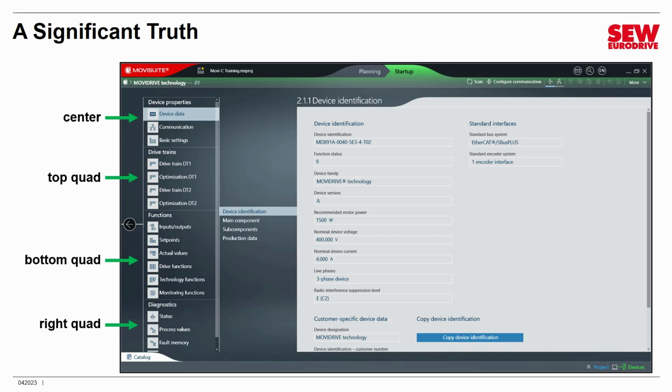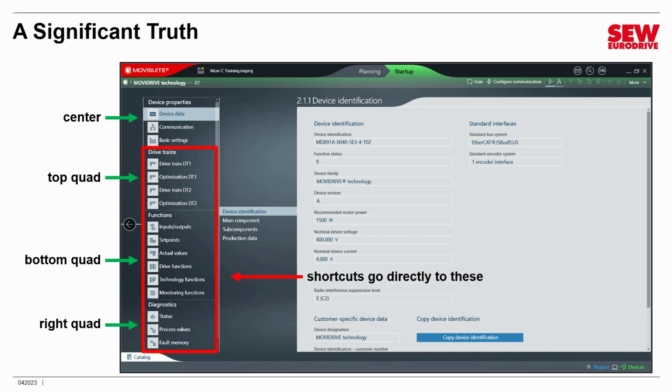If you click the bottom area, you'll tend to wind up with the menus labeled functions, and if you click on the right, you'll come up on diagnostics. But as I say, you will always see all these menus anyway, so really all you're doing is maybe saving yourself one click. You wind up in the same general place all the time.